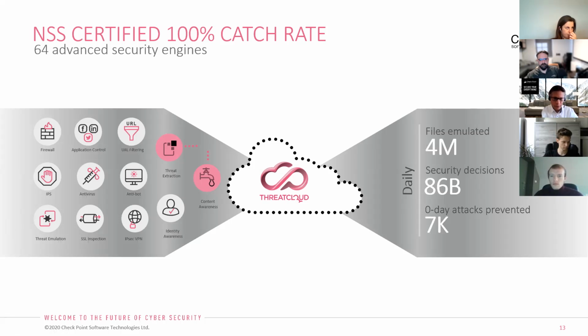So for instance, runtimes or VB scripts that are integrated within those documents will be cleaned from the file. A secure PDF version will be sent to the user while the file is, in fact, analyzed by the Threat Cloud engine in the cloud. So that's a real-time solution that we have.